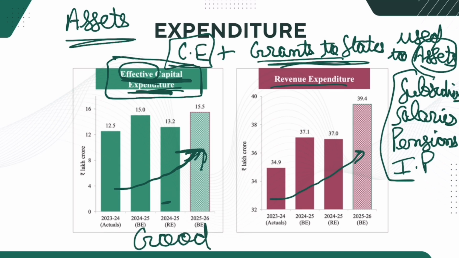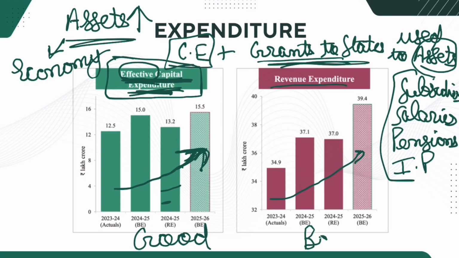Why? That means the government of India and state governments, overall all governments in India, are building more assets. And building of assets is good news for the economy, right? So it is good that effective capital expenditure is showing a rising trend. But it is bad news that revenue expenditure is also increasing, because revenue expenditure doesn't build any asset.